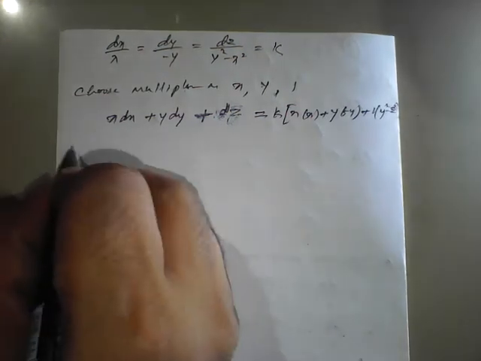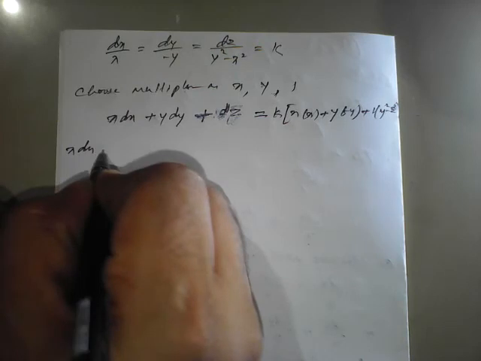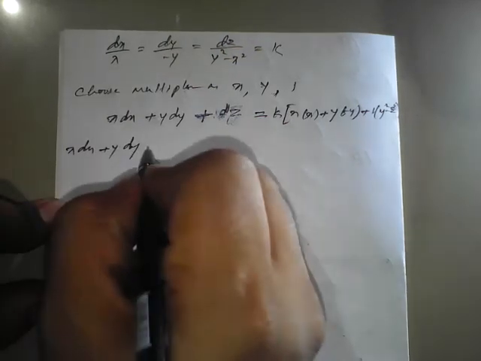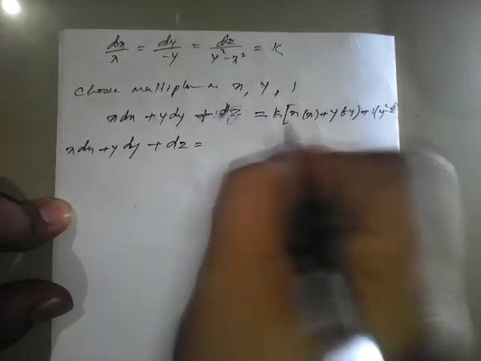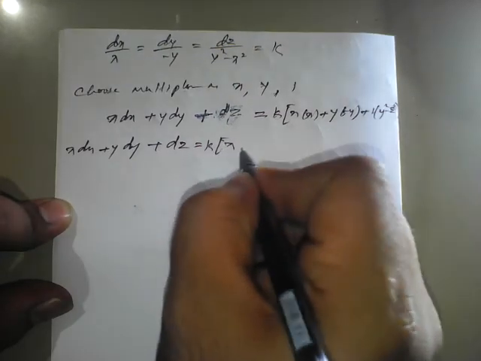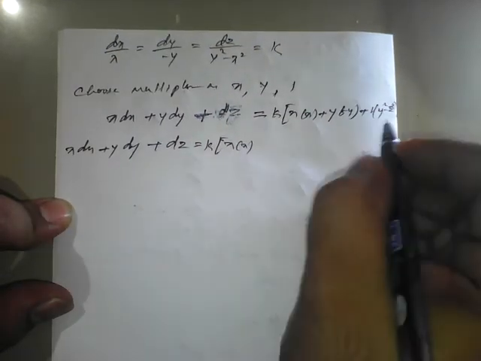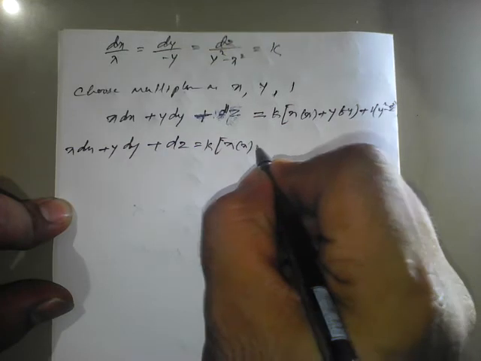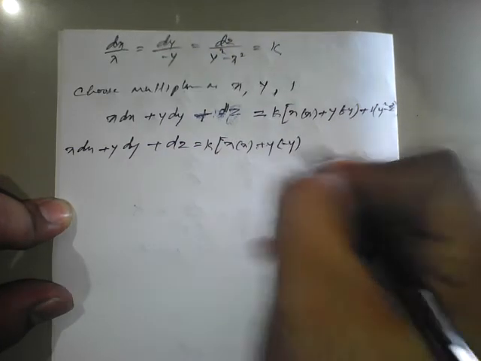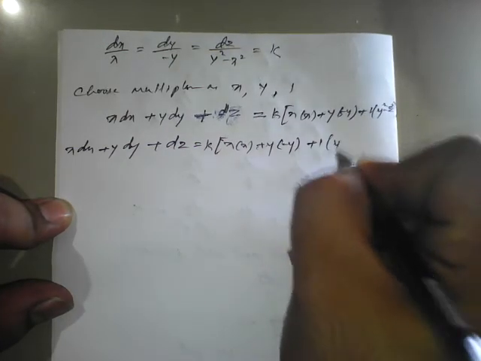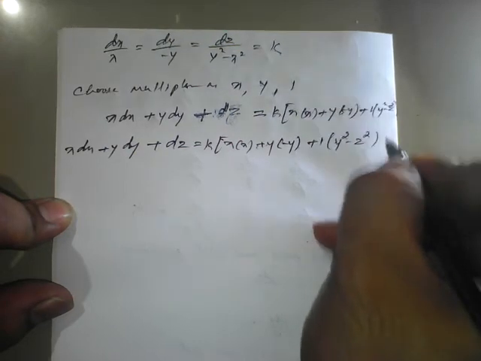Which is nothing but, I will rewrite: x dx plus y dy plus dz is equal to k times x into x plus y into minus y plus 1 into y square minus z square.